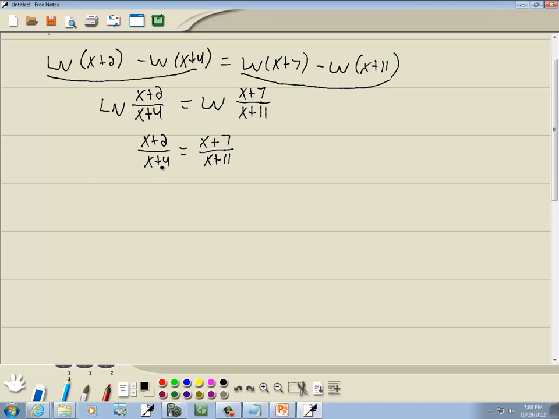Now since we have these denominators and they can't factor, our LCM will just be the two multiplied together. So it'll be (x plus 4) and (x plus 11). So I'll multiply that times the first fraction, and I'll multiply it times the second fraction.